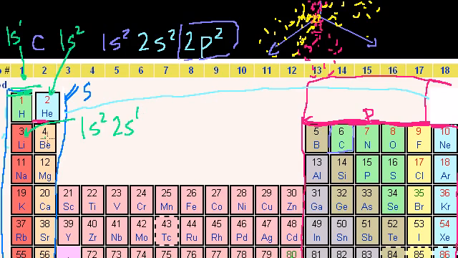And then I think you start to see the pattern. When you go to nitrogen, you say, okay, it has 3 in the p suborbital, so you can almost start backwards. We're in period 2, so this is 2p3. Let me write that down first: 2p3.